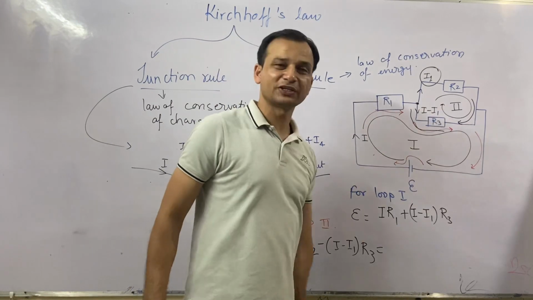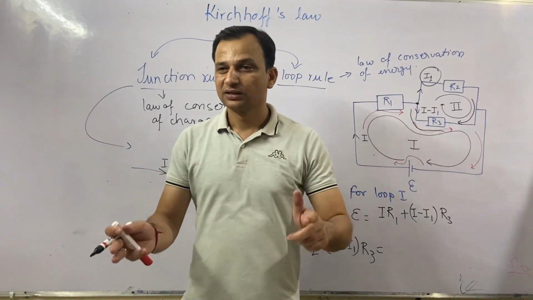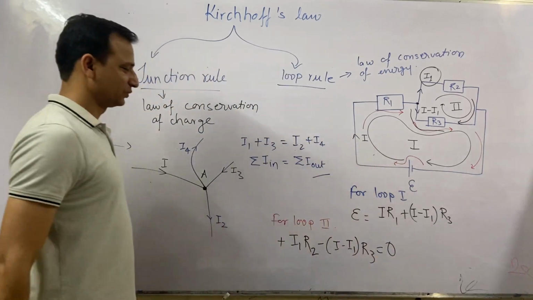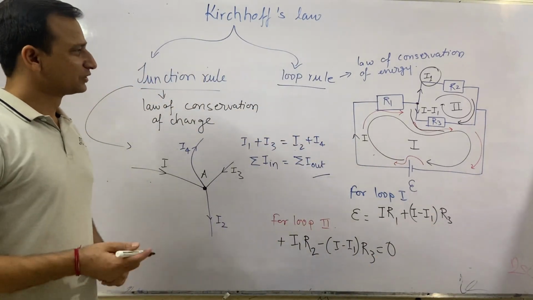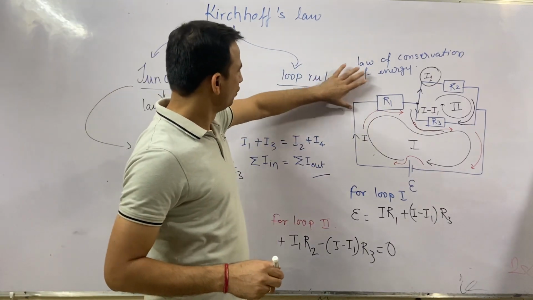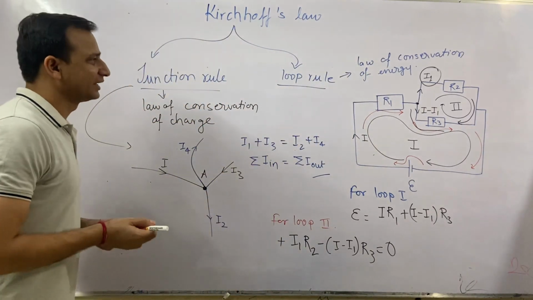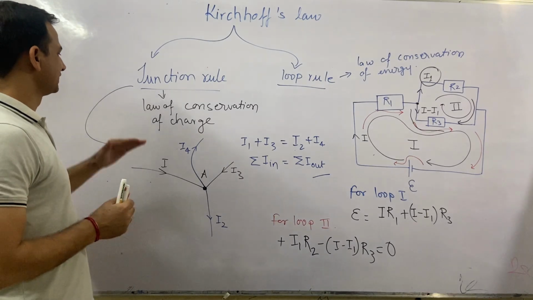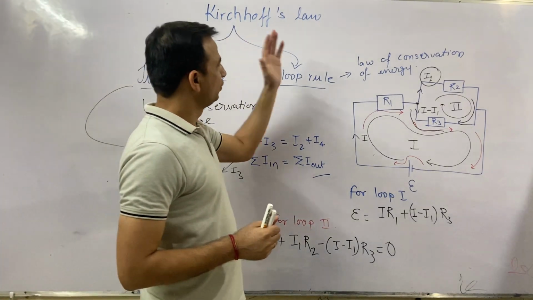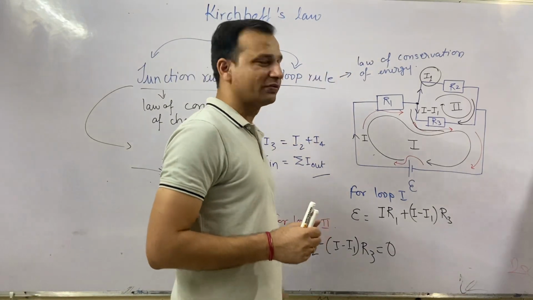What is the potential difference within this loop? It's 0. So we will write 0. So this is the application of Kirchhoff's loop rule and the junction rule. An important point to remember here is that the junction rule is the law of conservation of charge and the loop rule is the law of conservation of energy.